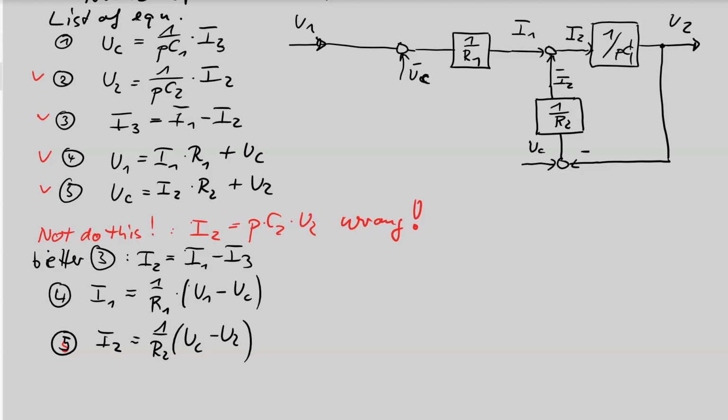So where is I3? Oops, something is not right. There is a mistake. I just check. This summing point equation is I2 is I1 minus I3.